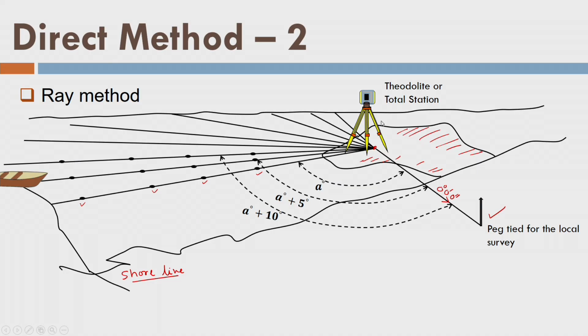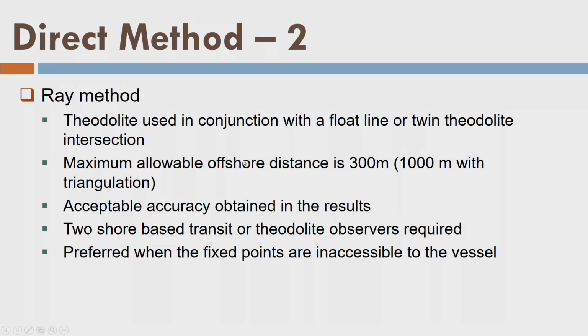Fine. So that is my ray method, which is another direct method because we are observing the distance as well as the angle. So let us say at a given angle, I have observed 1, 2, 3, 4 points here, right. So I know the distance along this ray, what are the respective distances of these points. So I can now make the map and mark those points. In the ray method, the maximum offshore distance is 3 meter, or in case of triangulation, it is 1000 meter.